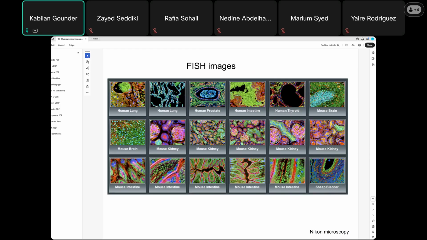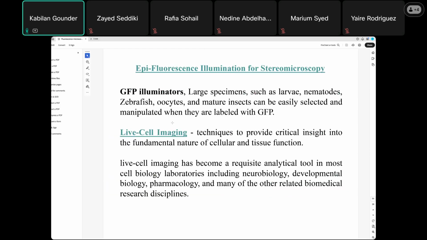So epifluorescence illumination for stereo microscopy is with GFP illuminators, especially larvae, nematodes, zebrafish, oocytes, and mature insects can be easily selected and manipulated when they are labeled with GFPs.